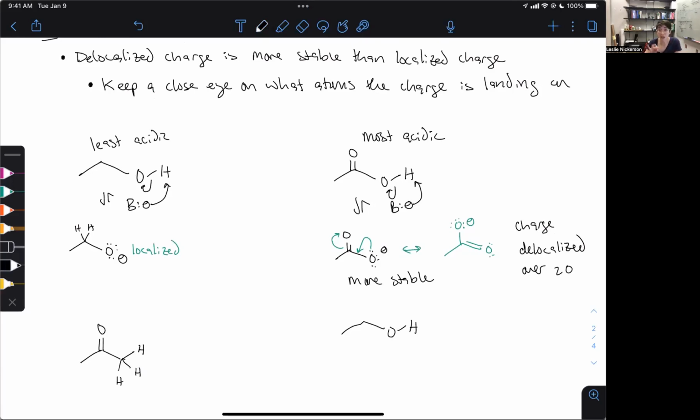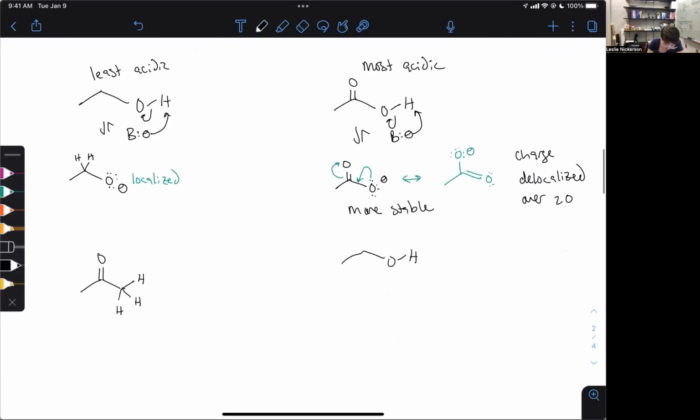Okay, all because that charge delocalization is going to be much more stable than a localized charge, especially when we're considering the fact that they both have charges on the same atom. If we look at the ARIO acronym, A is the same. A is oxygen in both of these cases. So then we're looking at the next one, which is resonance.